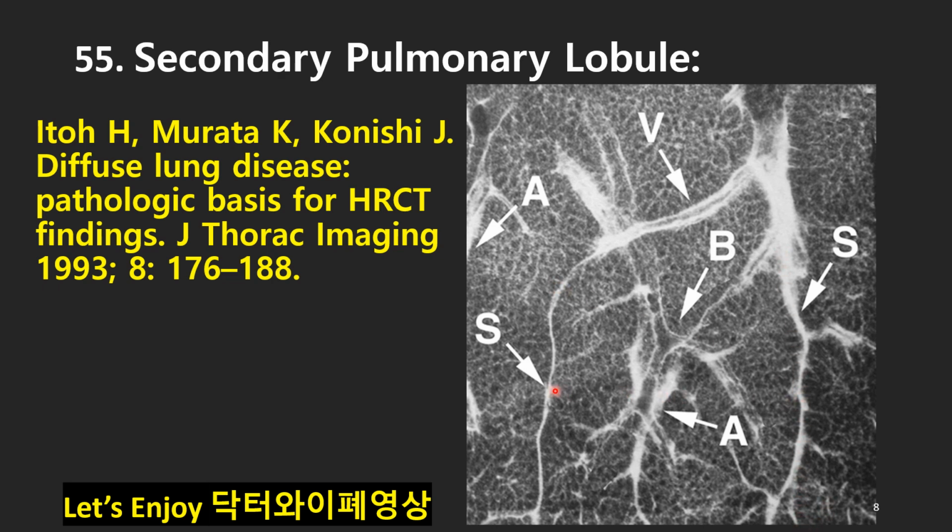The distance is almost 1 centimeter. In the central portion, centrilobular portion, B represents the empty one, bronchial, and A represents pulmonary arterial, the filled white one, and this V represents venous drainage system, which composes the septum.